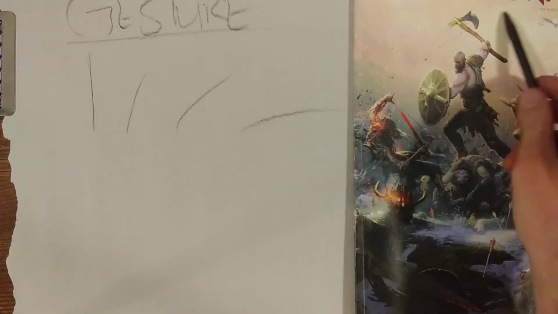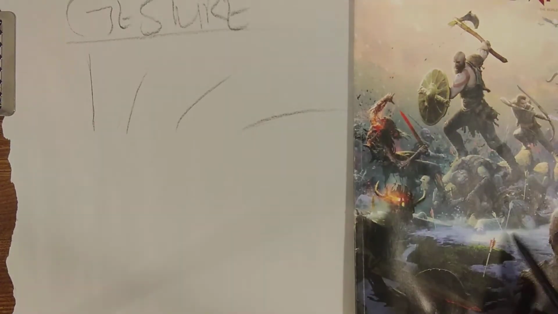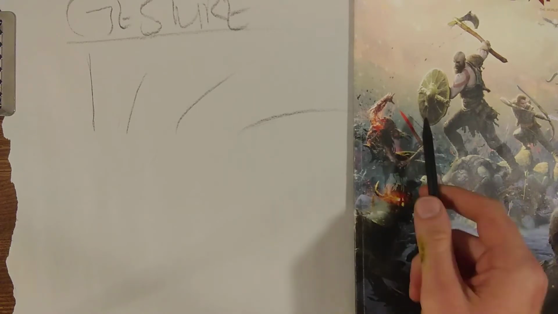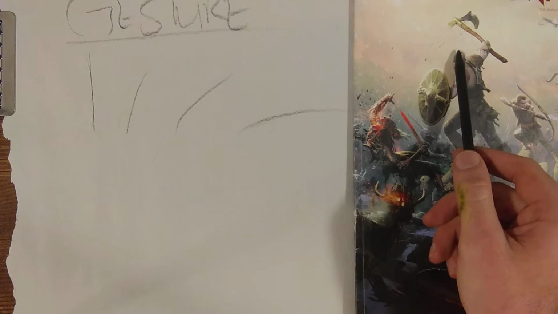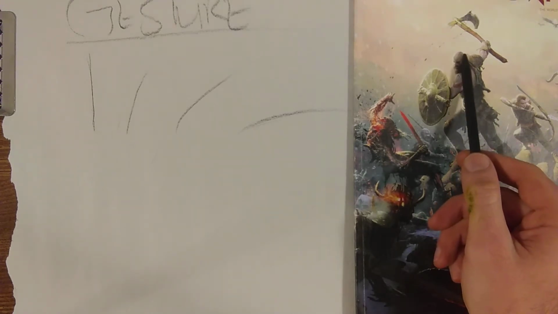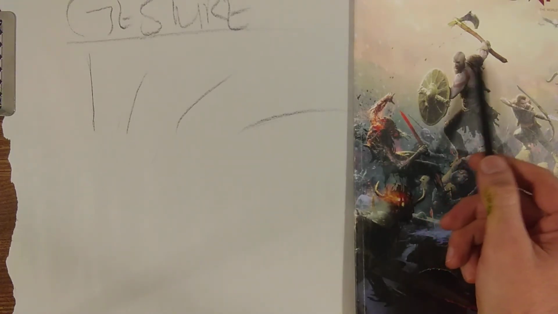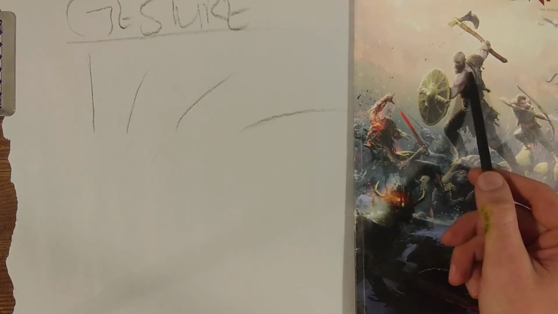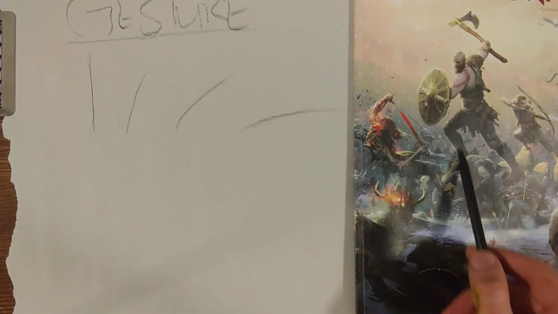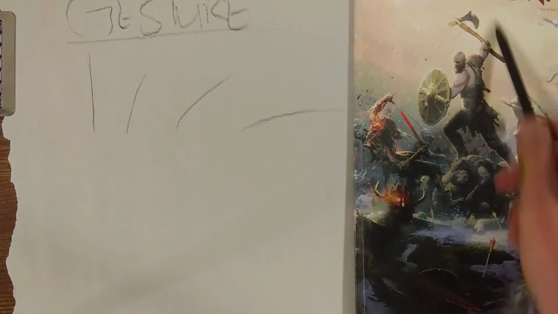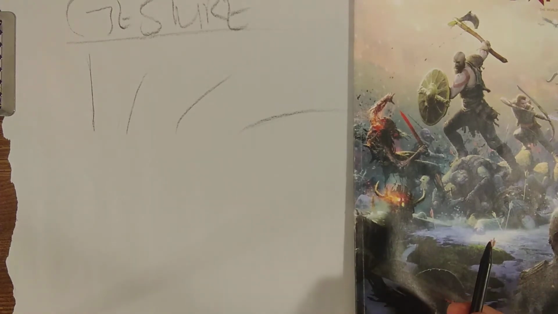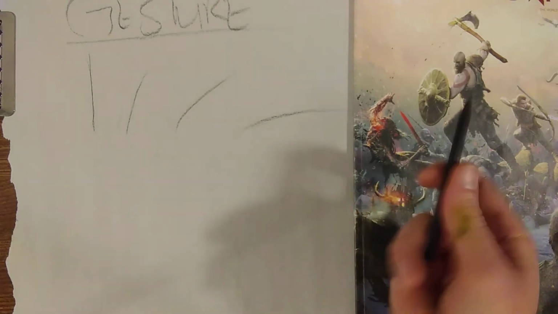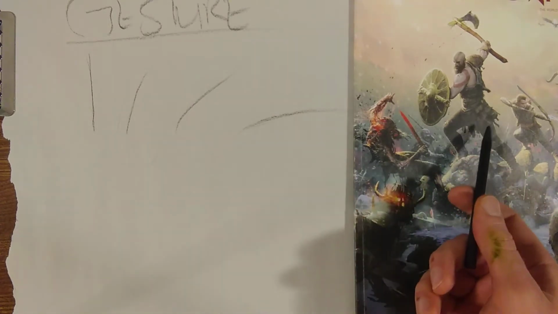We have Kratos kicking some ass. That's pretty cool. So rather than going through and trying to copy the proportions, making everything accurate and in perspective, before doing any of that, you want to start with what is the gesture. So don't copy, but analyze what's going on.